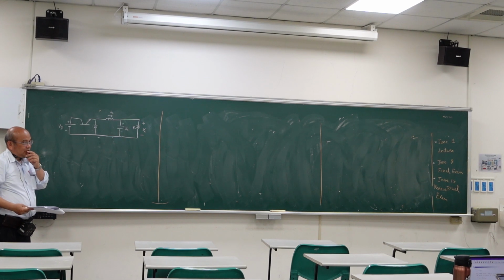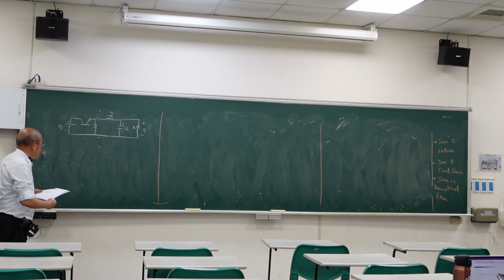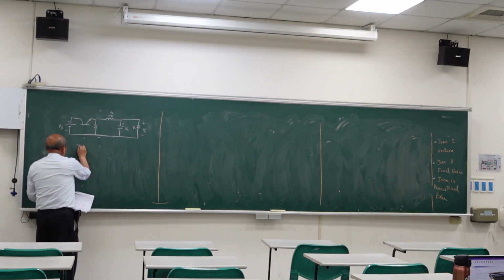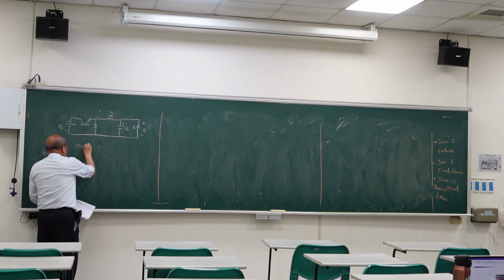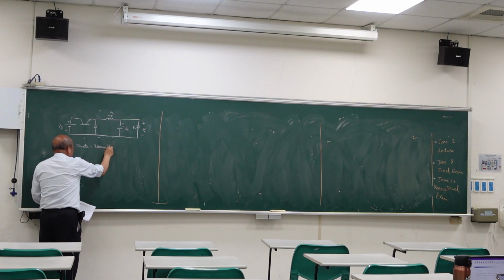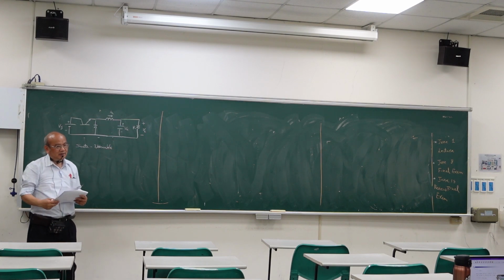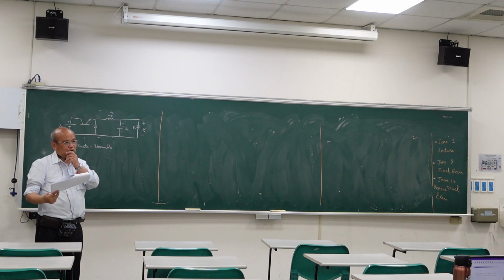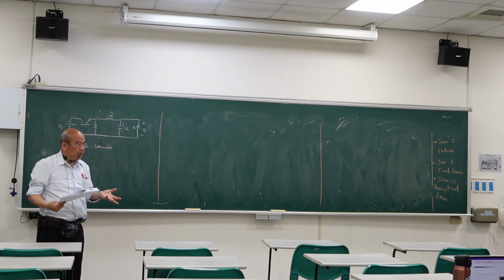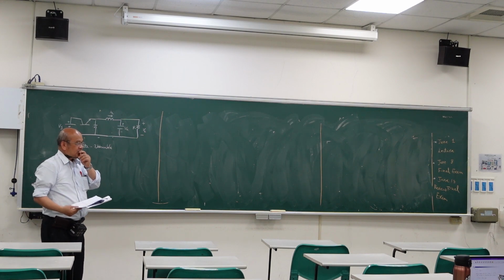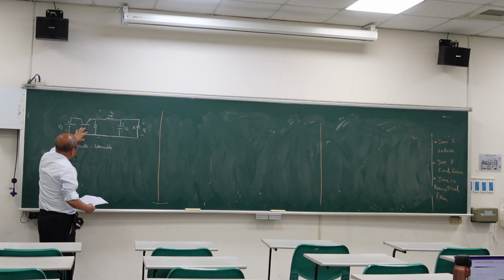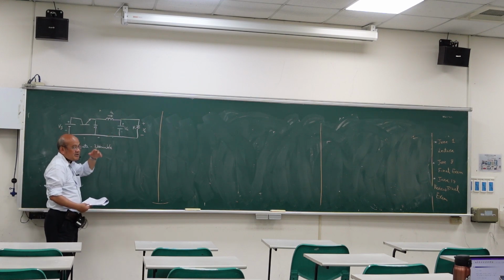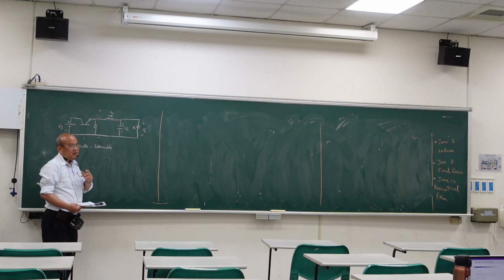So for the buck converter, first, how many state variables? If you want to use state space, first you have to choose the state variables. How many states can you choose?